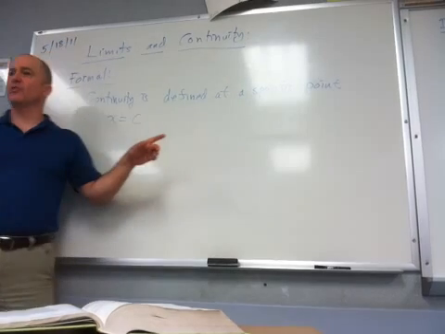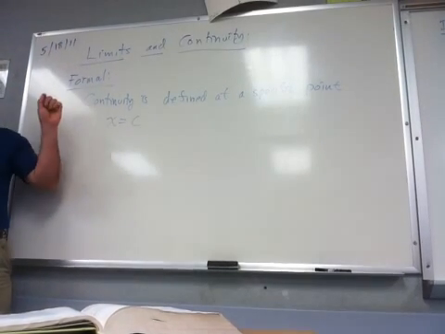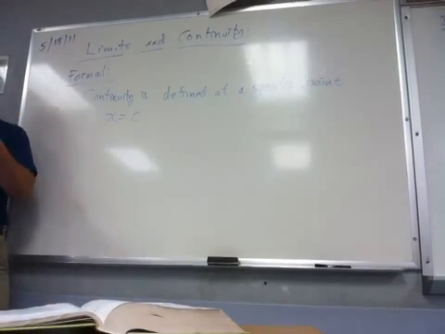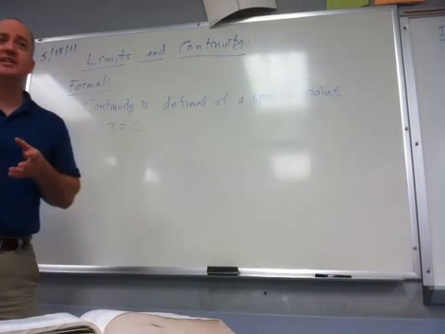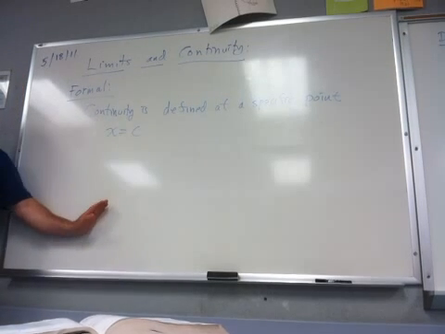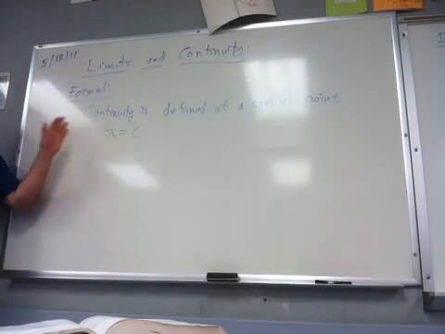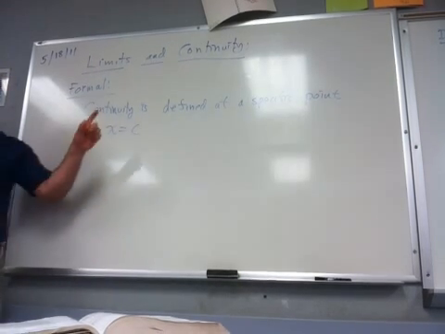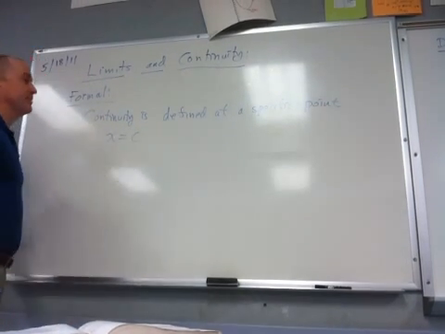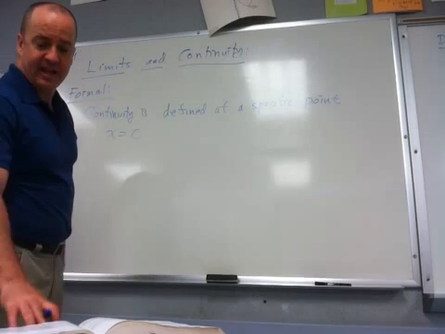The examples I've given so far were only discontinuous at certain points. They were continuous at other points. A rational expression is only discontinuous at its vertical asymptote. It has continuity everywhere else, where it doesn't have a vertical asymptote. So those functions have discontinuities, but continuity is defined at a specific point.